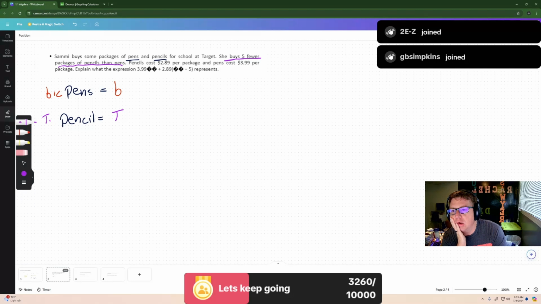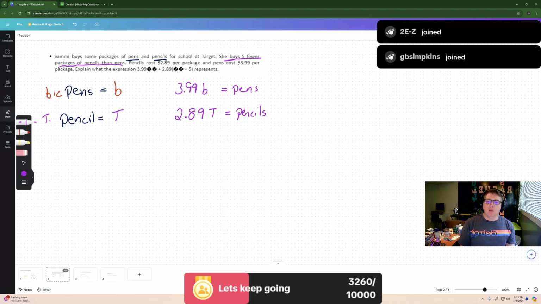Pencils cost $2.89 per package. Ooh, so now we can do this: 2.89 T to get pencils, and pens cost $3.99 B to get pens.